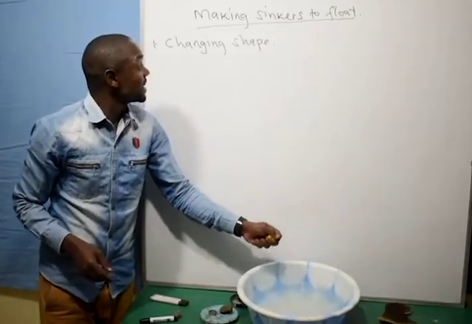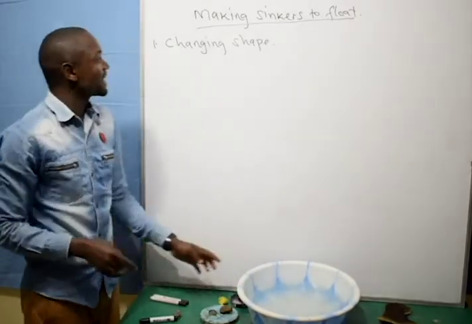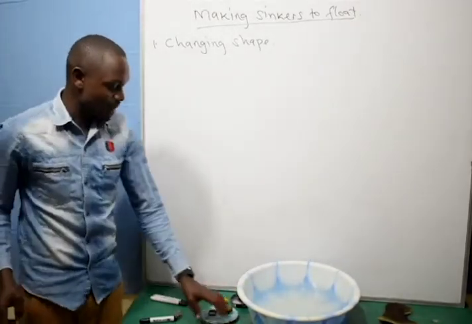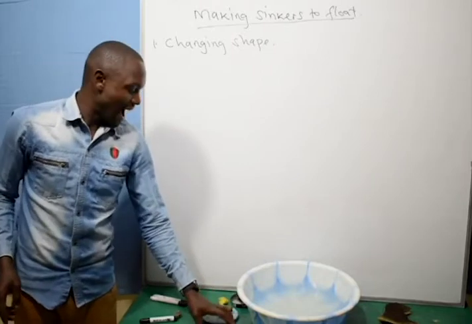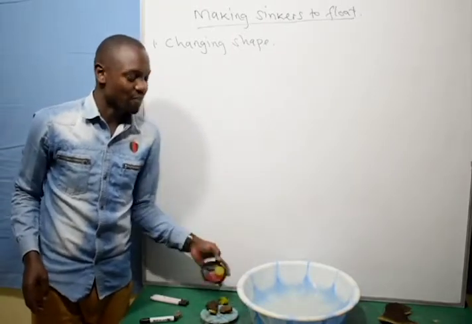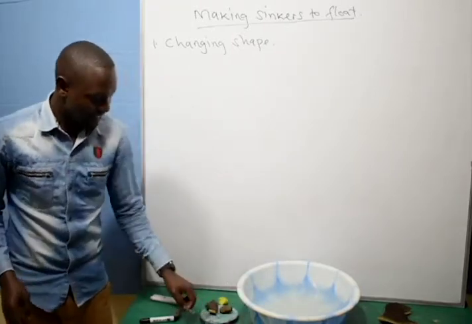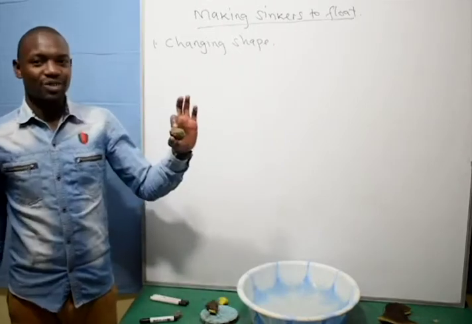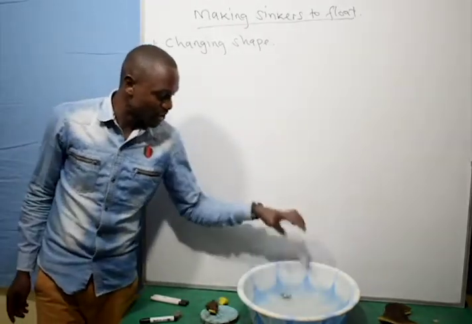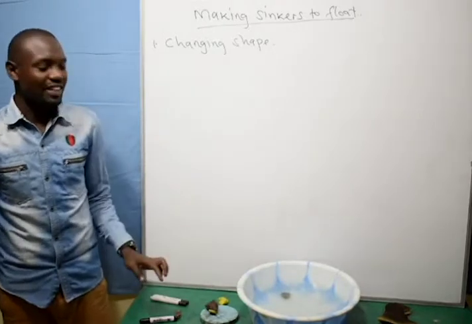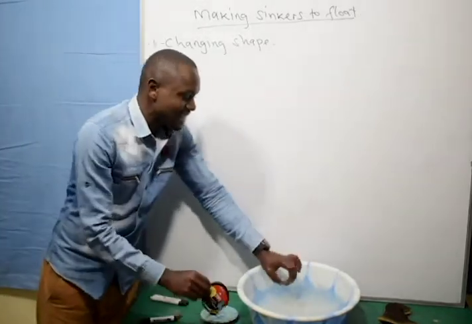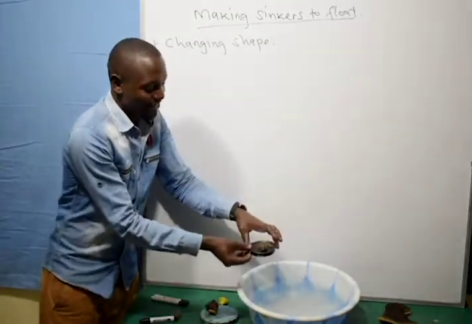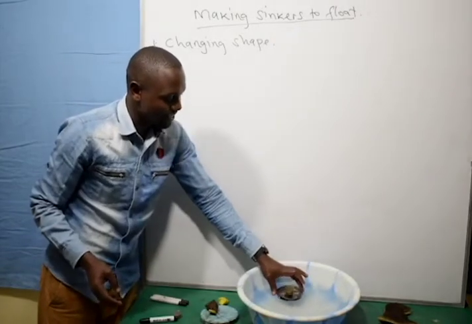Another way of making sinkers float is by placing them on a light thing or on a floater. For example, when you place this stone on water, it is going to sink. How can we make that stone float? By placing it on a floater. For example, this piece of wood, we place it there.